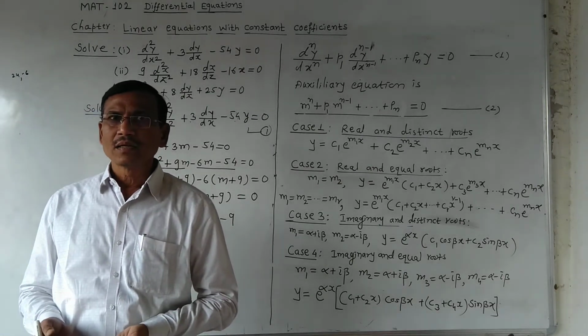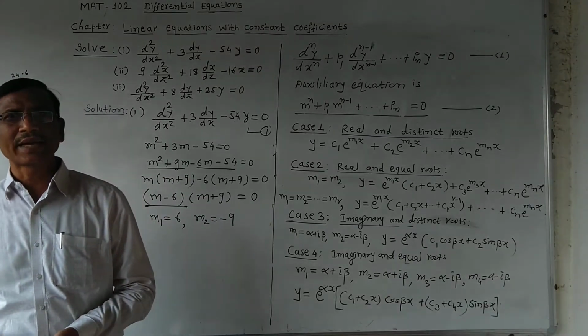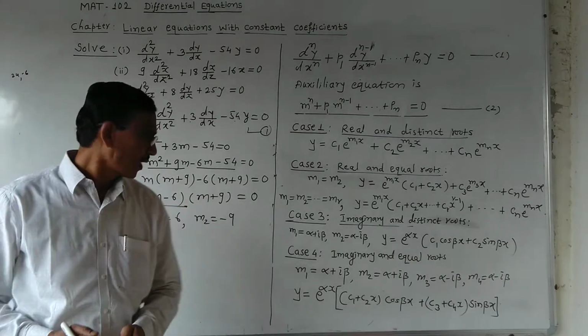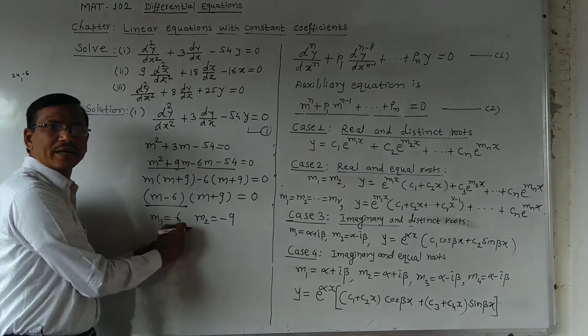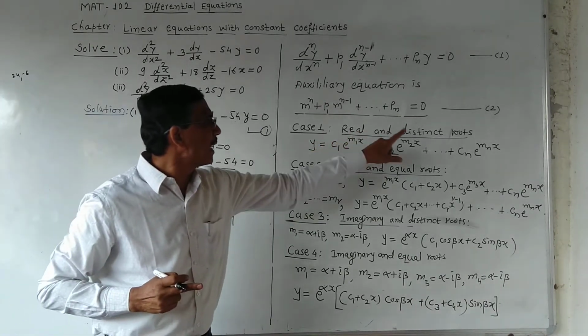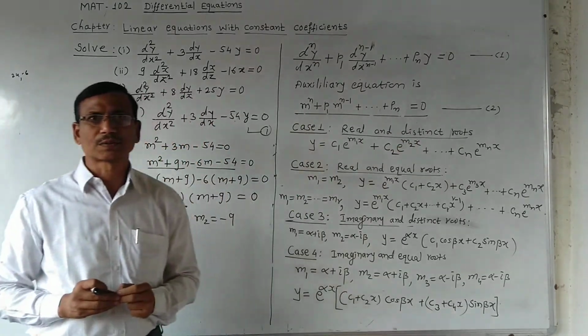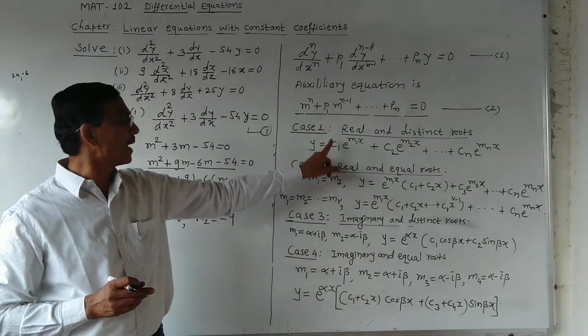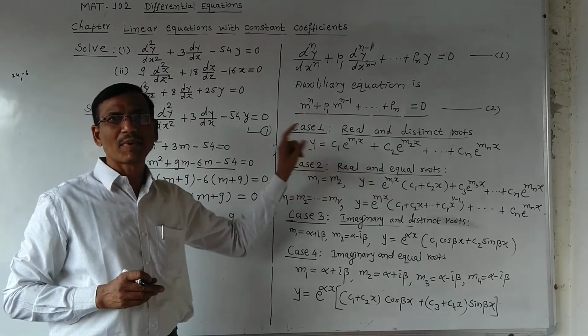Are these real? No doubt 6 and minus 9 are real numbers, and these two are different, not equal. That means this comes under the case of real and distinct roots. If the roots are real and distinct, the solution is given by this.